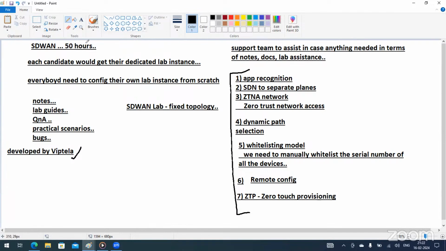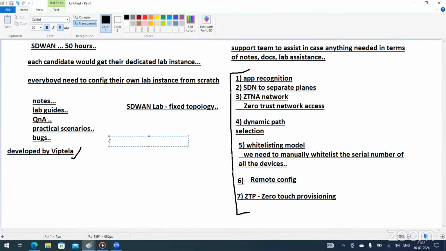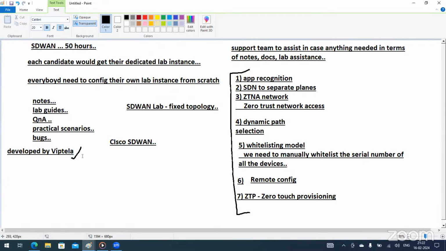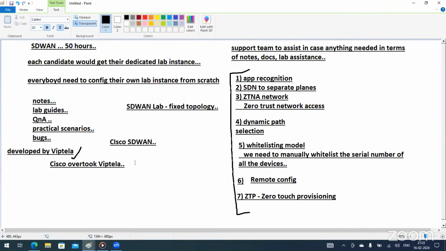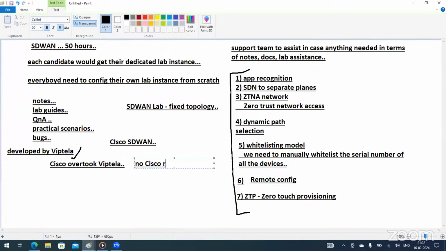At that point of time, Cisco did not have SD-WAN in their network, on their devices. SD-WAN was not feasible. So what Cisco did, Cisco purchased the company Viptela. At this point of time, no Cisco router supported SD-WAN.